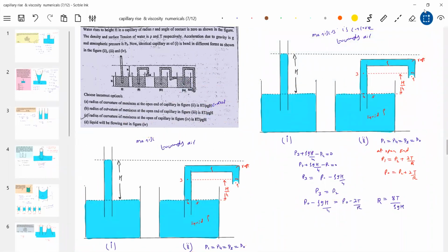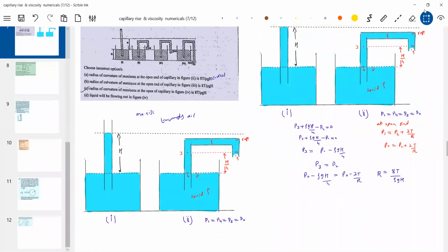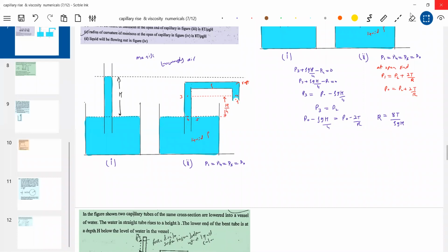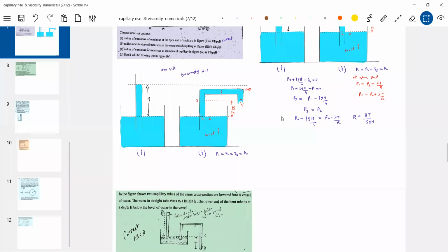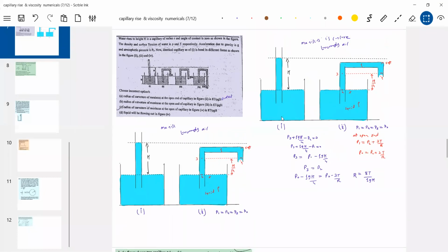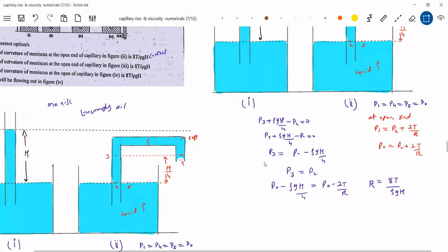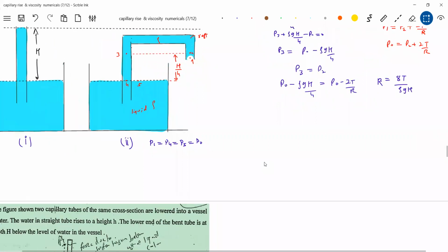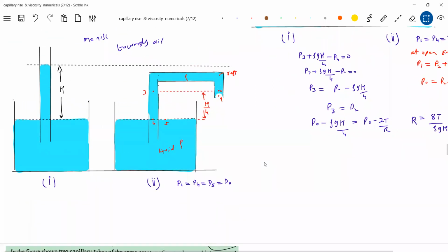Now let's come to the next one. You see this? I'll make an adjustment here. So the pipe, what happened? I should draw it down. Let me erase this, this is not needed.